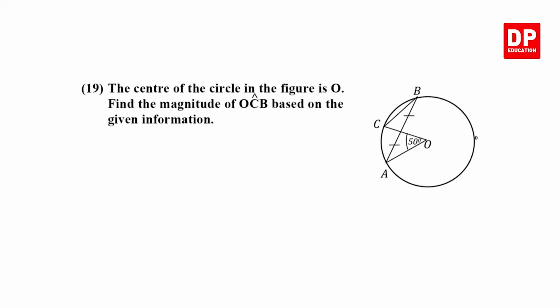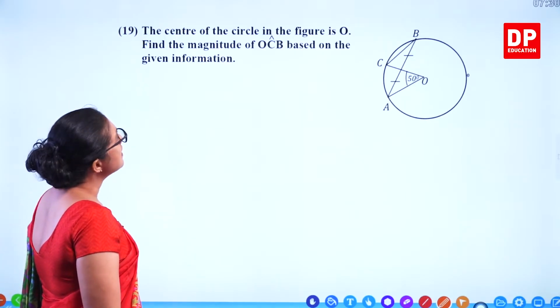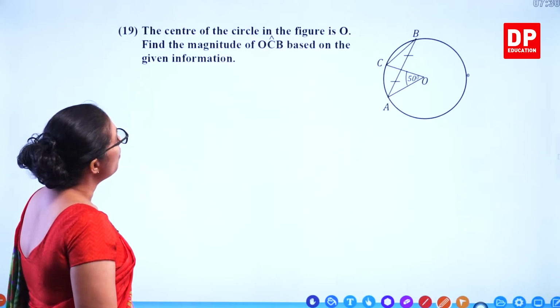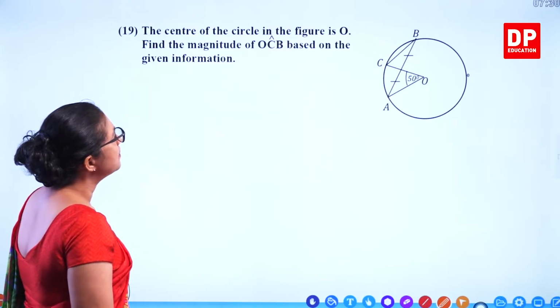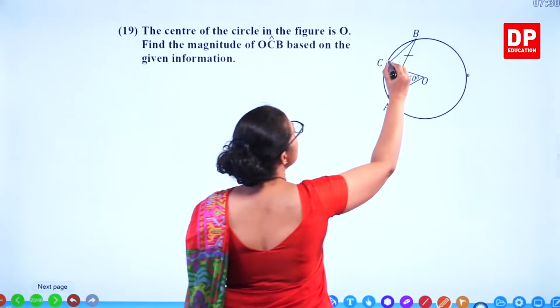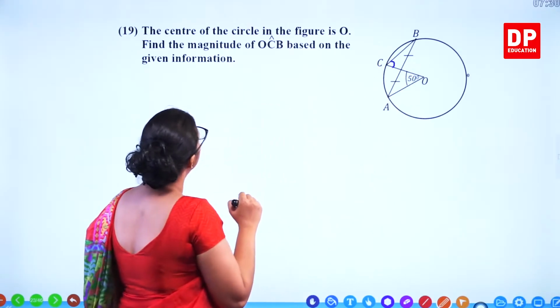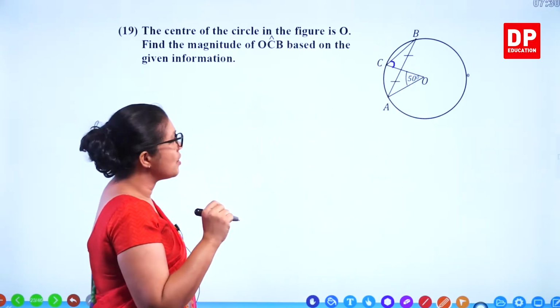Question number 19. The center of the circle in the figure is O. Find the magnitude of OCB. This angle, based on the given information.